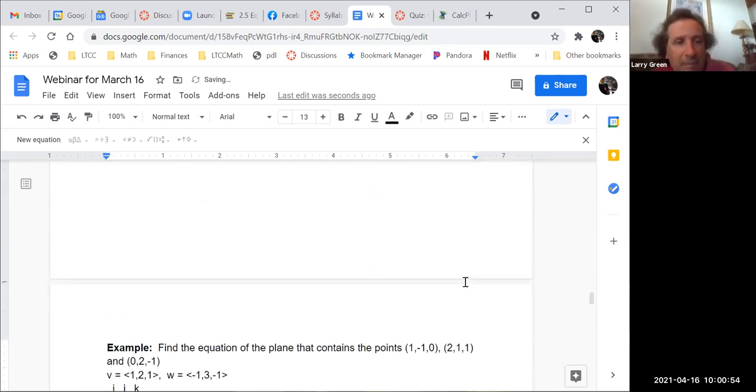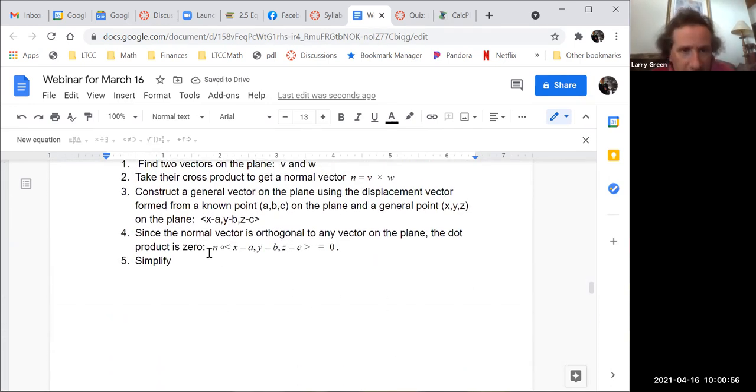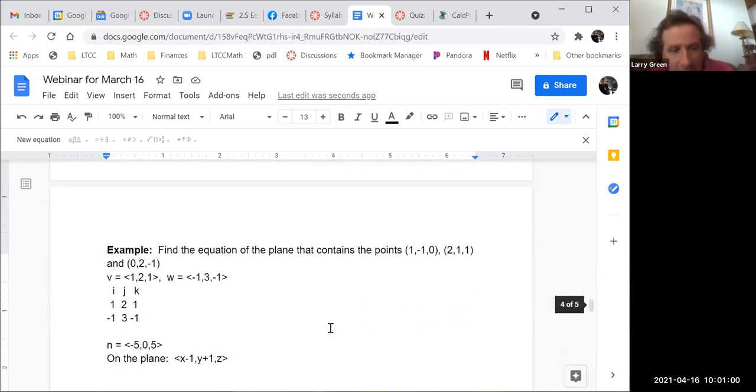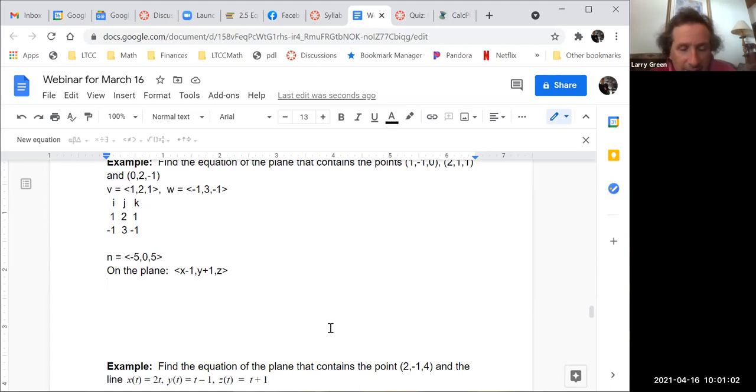And then the next step is I take n dot that vector, set it equal to 0, and then simplify and I'm done. So I'm going to take negative 5, comma, 0, comma, 5, dotted with x minus 1, comma, y plus 1, comma, z, and that's equals 0.